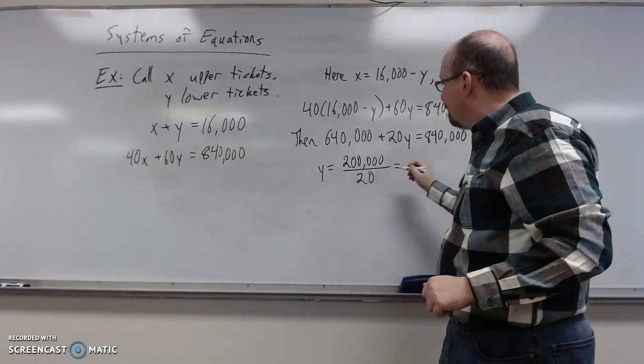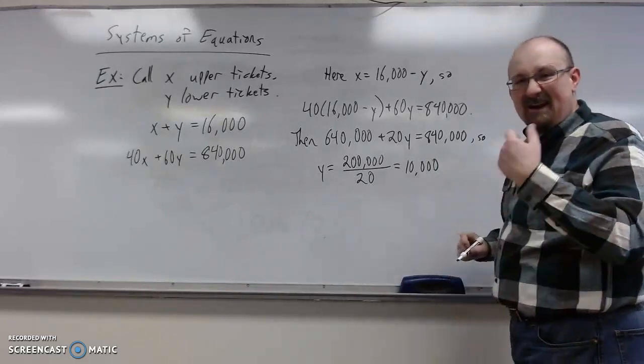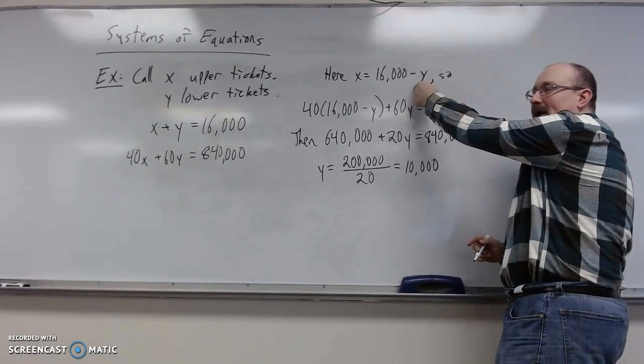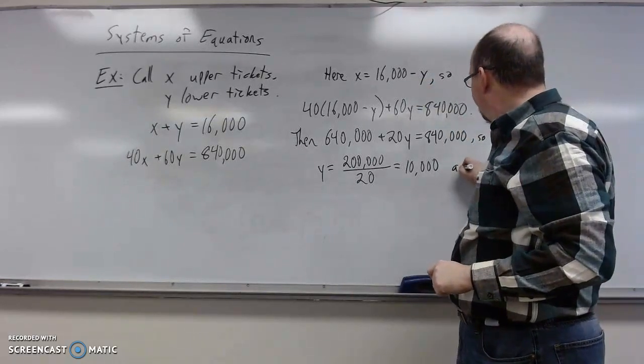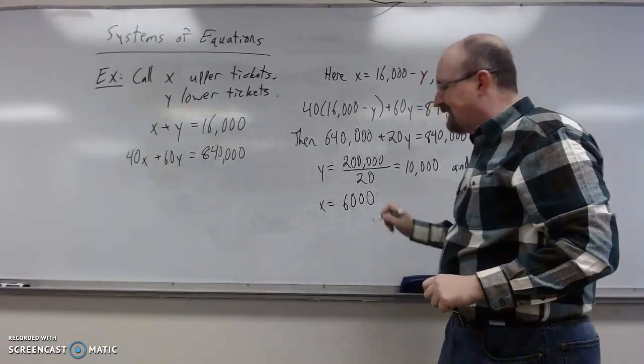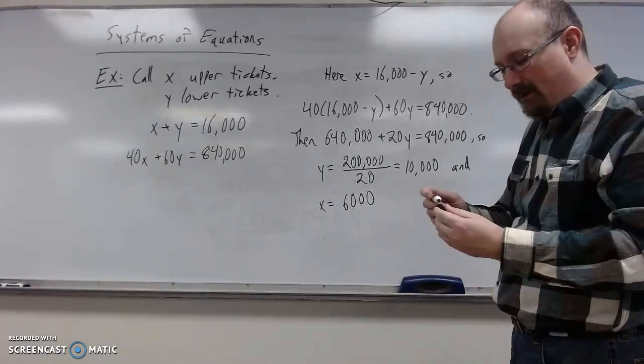Divide by 20, and that ends up giving us 10,000 for Y. And if you take 10,000, plug it back in here, we'd get 6,000 for X.